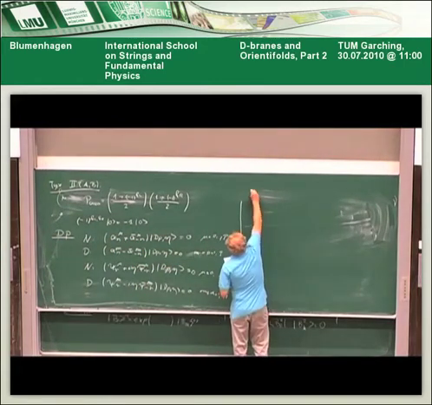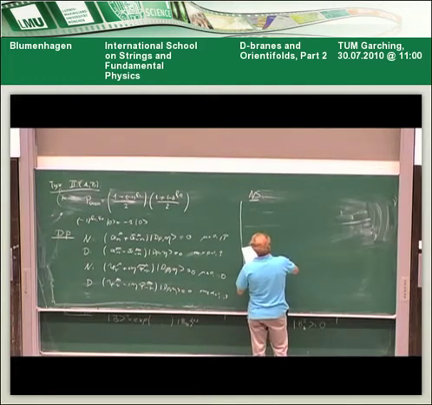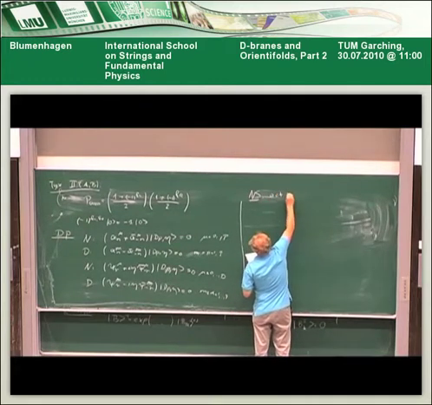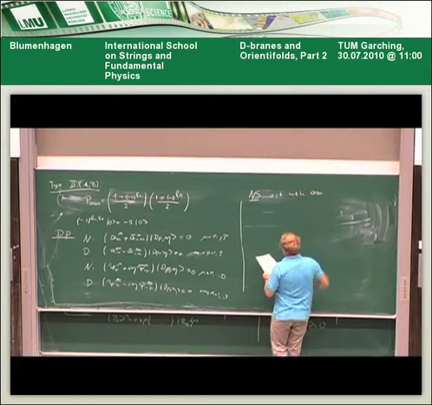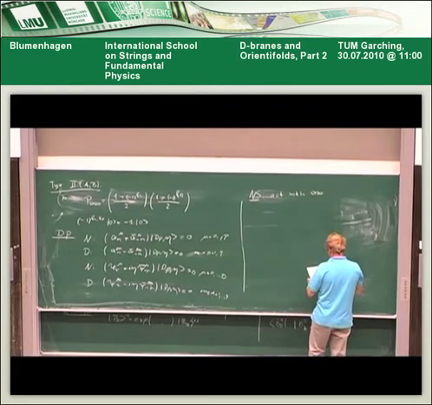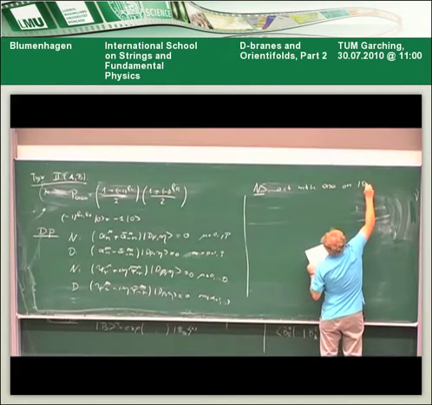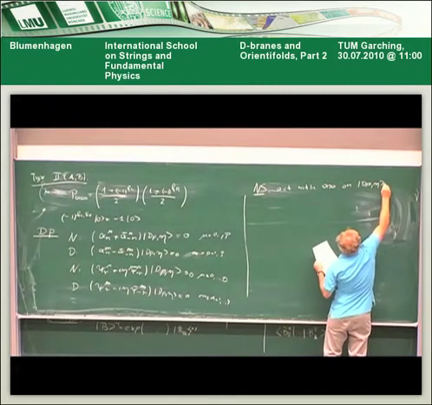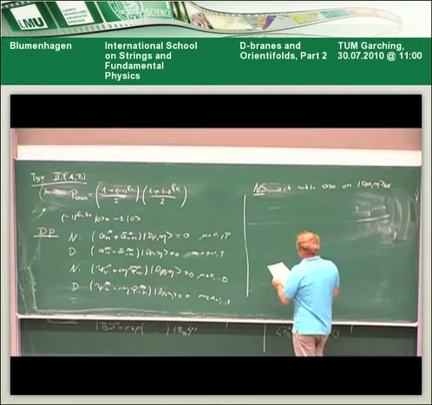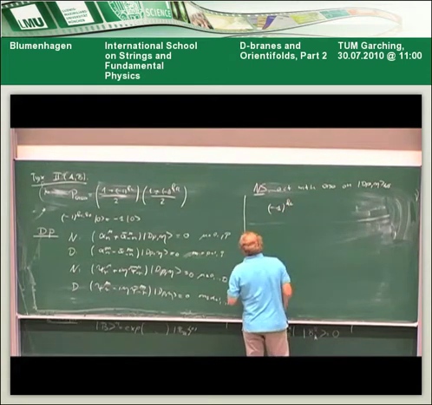So let's consider what is easier, which I will explain: the NS sector. If we act with a GSO projection on just the boundary states, the pieces in the NS sector, we get that (-1)^{F_L}.